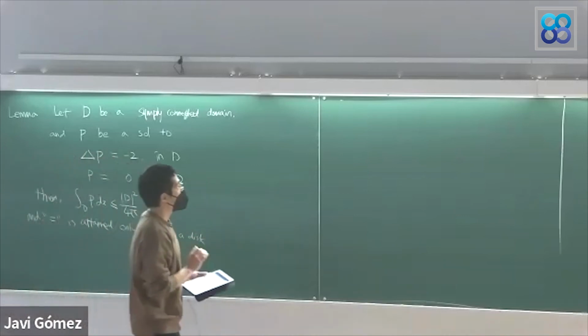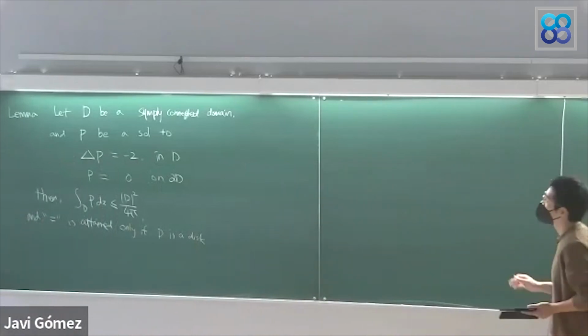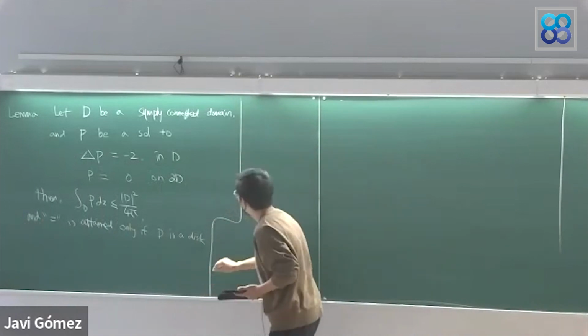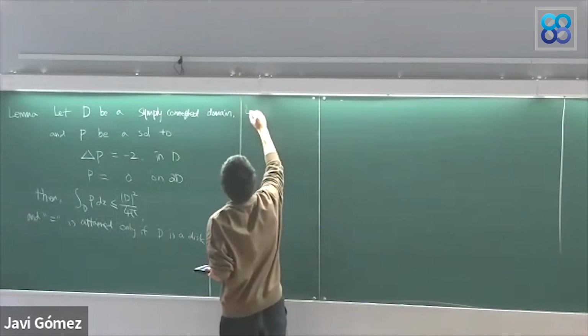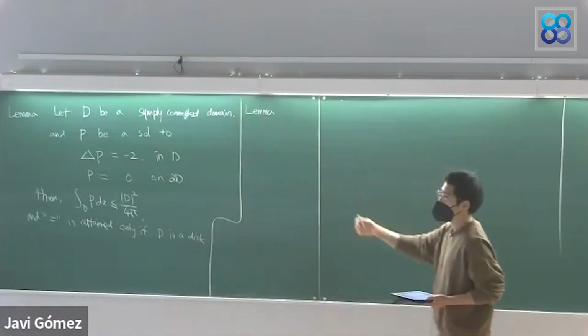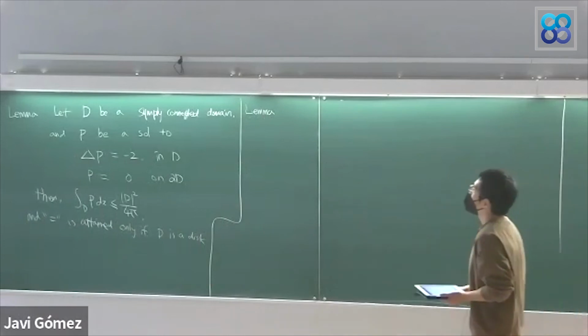So this is what we are supposed to prove, but I'm going to make a little bit more general statement, because we want to go from the simply connected patch to the multiply connected patch.